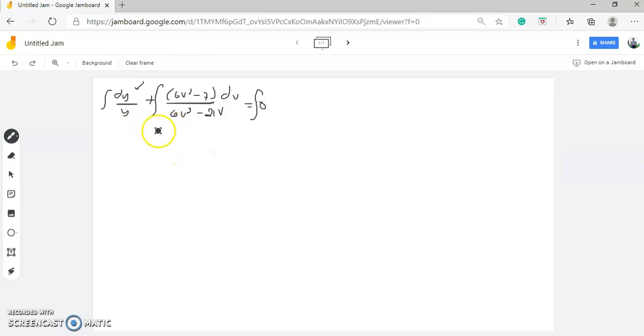Okay, so as you've said, we try to use our denominator as our u. So we're trying to accomplish logarithmic functions. So we have u equals 6v cubed minus 21v. Therefore, du is equivalent to what?